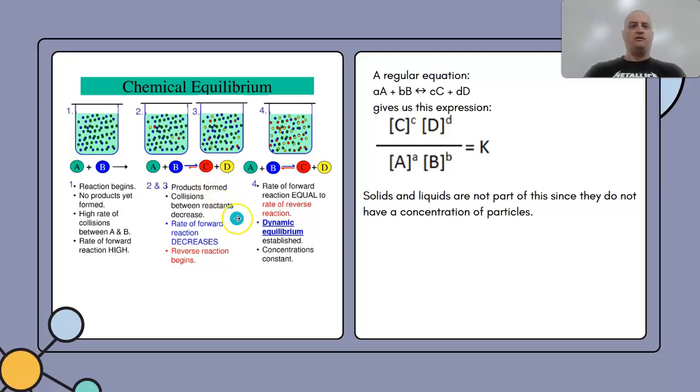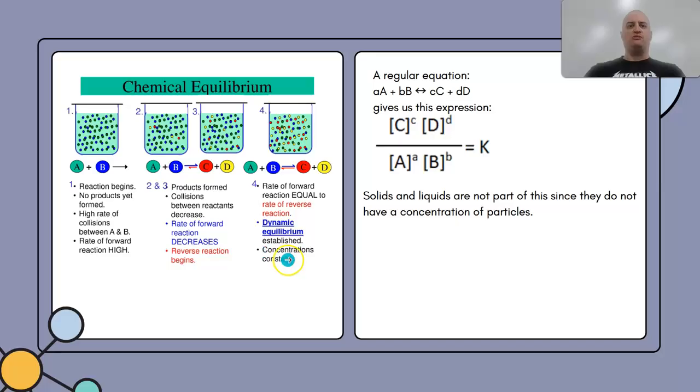And so the collisions between the reactants decrease because there's less of them. The amount of collisions with C and D increase because there's now more of them. So the rate of the reaction going forward is going to go down. The rate coming back is going to start to increase.